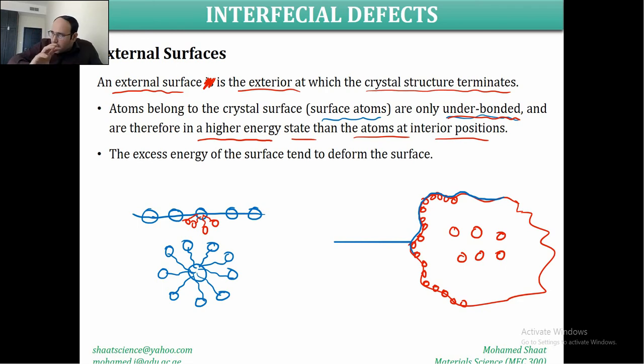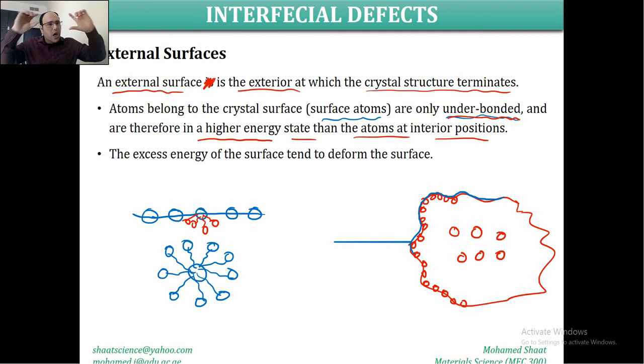And this difference in the energy level between this atom and the atom in the core is counted as a defect inside the crystal structure. We said that anything that is different from the ideal case will be counted as a defect, whatever it is. It could be a distortion in the lattice. It could be a change or difference in the strain. It could be a change or difference in the energy level.